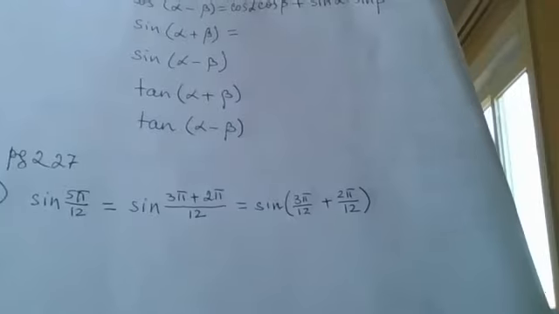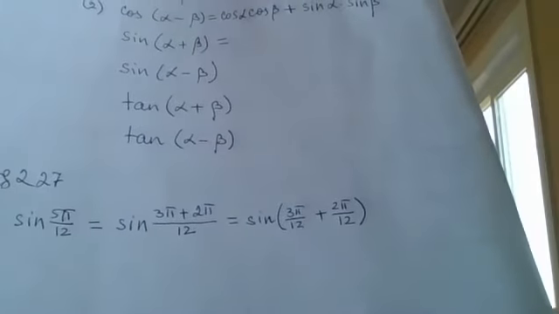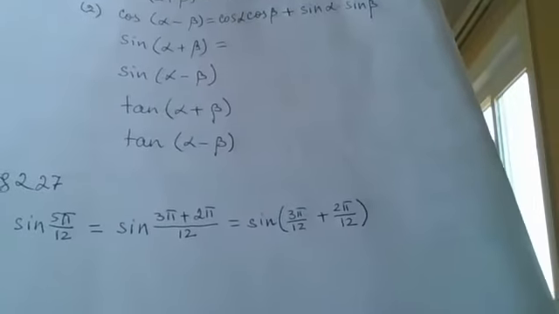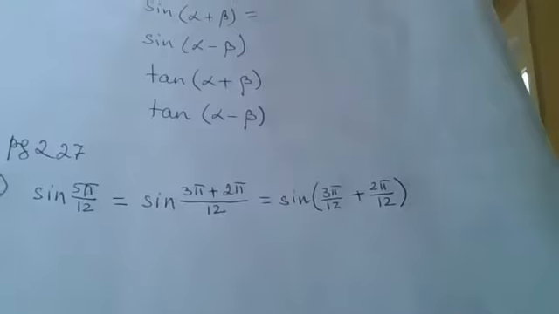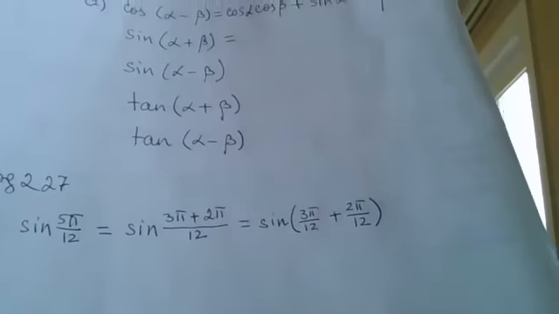So sine of 5 pi over 12, we can rewrite as sine of 3 pi over 12 plus 2 pi over 12. But look precisely at each of these fractions. Maybe we can cancel, reducing them, can we? Yes. Okay. 3 pi over 12, if we cancel by 3, is it pi over 4?